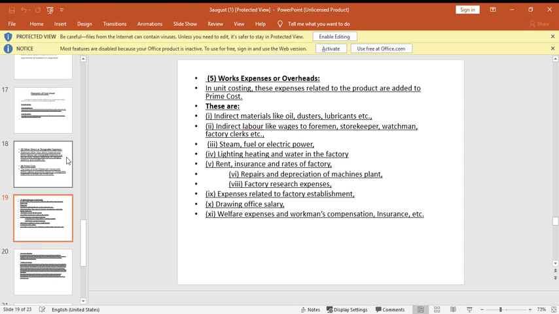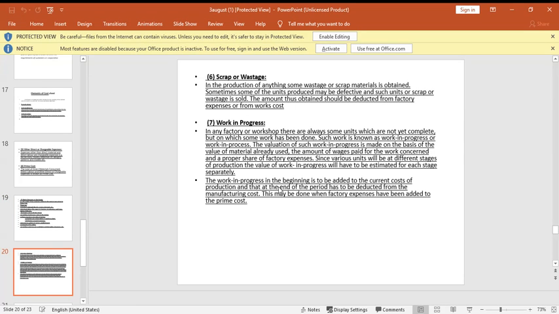Repairs and depreciation of machine parts and plant, factory research, expenses related to factory establishment, drawing office salary, welfare expenses, workmen's compensation, insurance, etc. All come under works expenses or overheads.